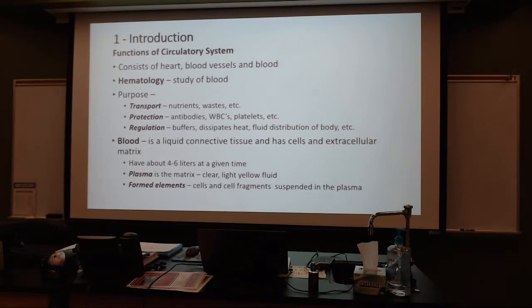I need it for protection because it's going to have antibodies, white blood cells, platelets, thrombin, we're going to find a ton of materials that help the body. We need it for regulation.